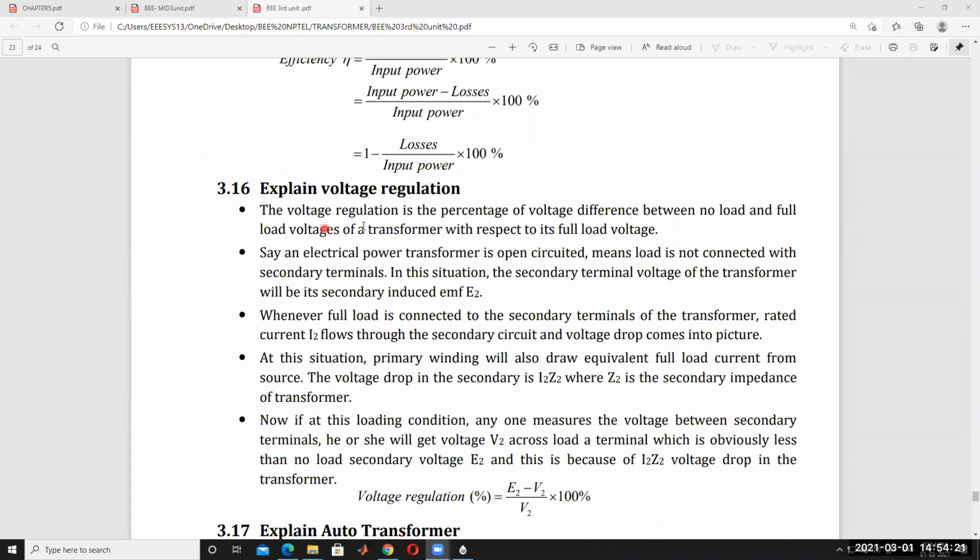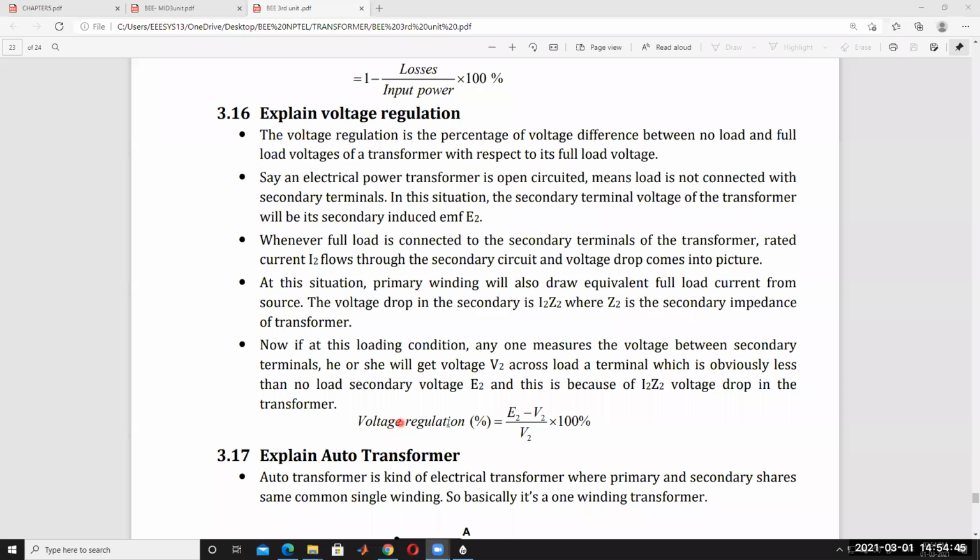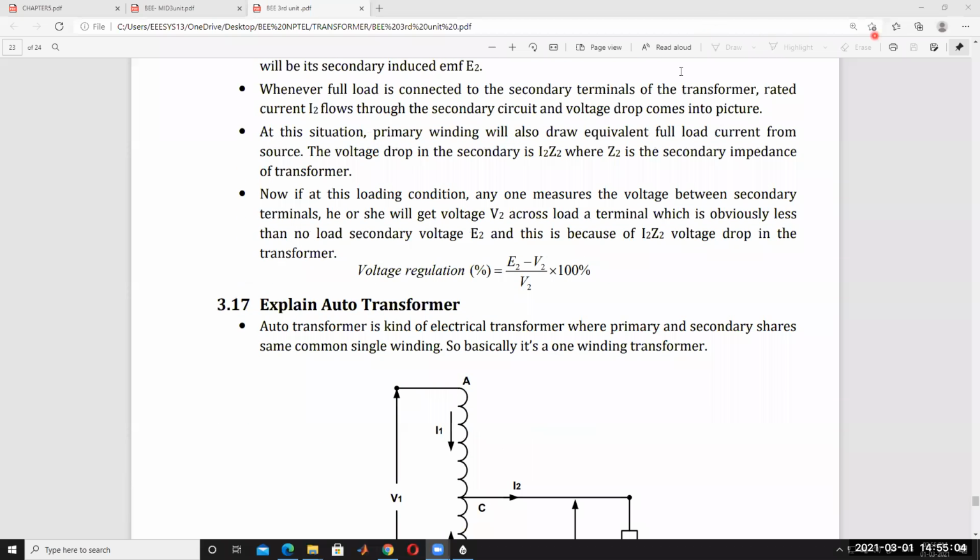Okay, this is about regulation of the transformer.